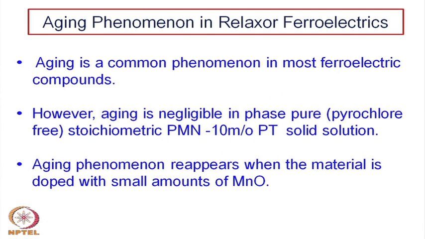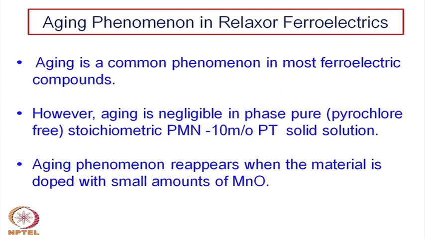That is a very stable material, completely pyrochlore free, a pure perovskite solid solution, and that aging property is almost negligible. So, with time the property really does not change.